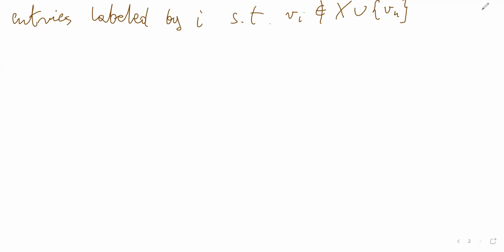So I could also write it alternatively as regular vertices of E less X. Okay, I'm going to put if and only if VI is a regular vertex that is not in X. Okay, that's an alternative description.